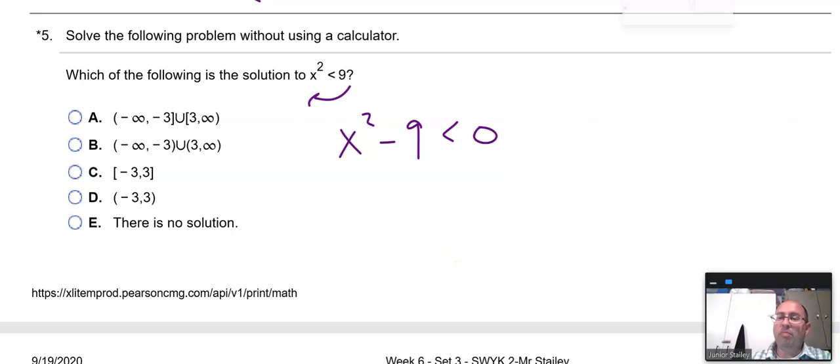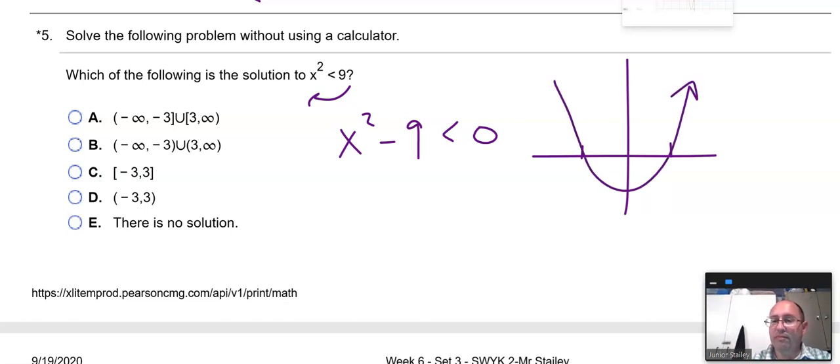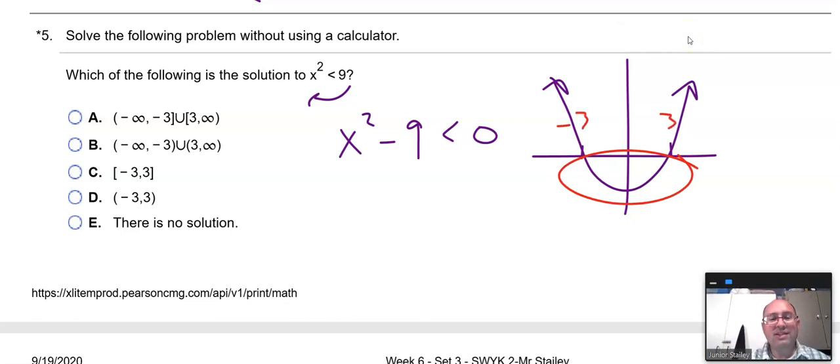So if you're looking at the picture, right, and we know it's crossing at 3 and -3, it's doing this kind of thing, right? Where is it less than 0? Well, it's less than 0 in the middle. So that's this section right here. Well, if this is 3 and this is -3, it does not say equal to. So this is the wrong answer. Even though it's close, it's the wrong answer.